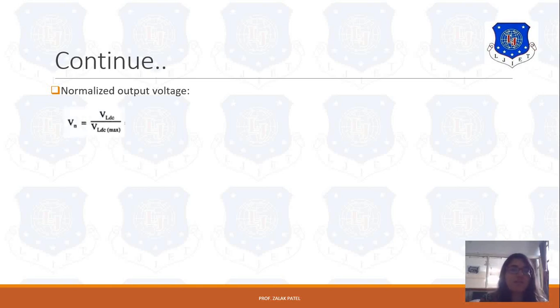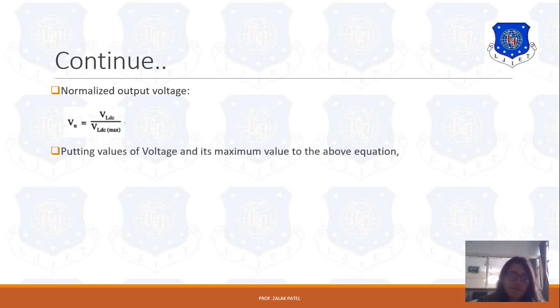So the normalized output voltage is nothing but the load voltage divided by the maximum voltage across the DC supply, meaning the maximum output voltage, because obviously the rectifier has an AC input and a DC output. That's why here VLDC upon VLDC maximum is considered.